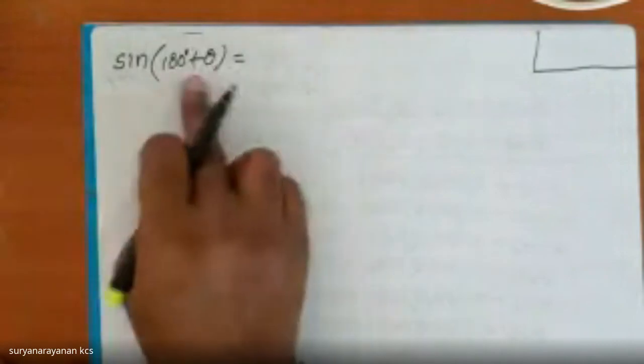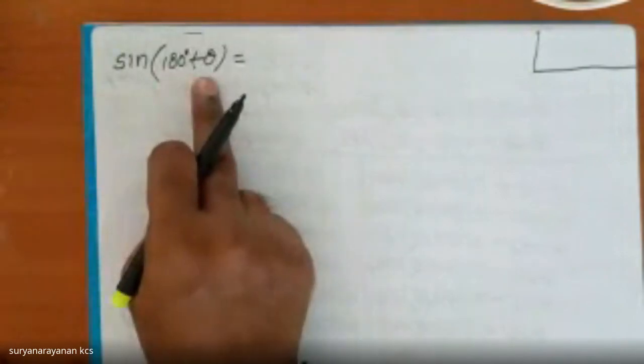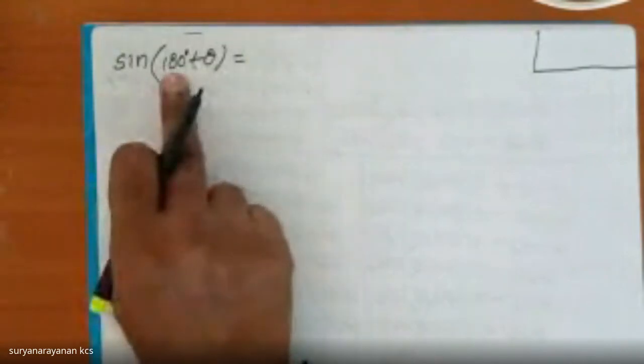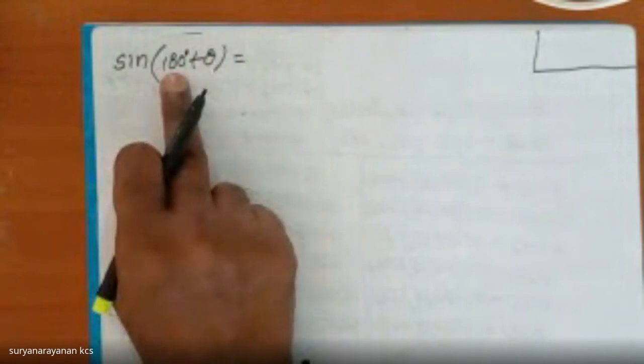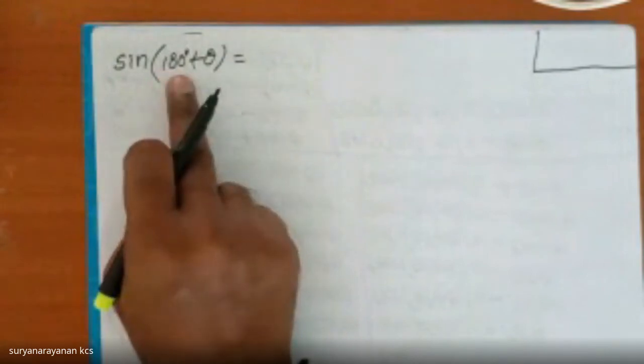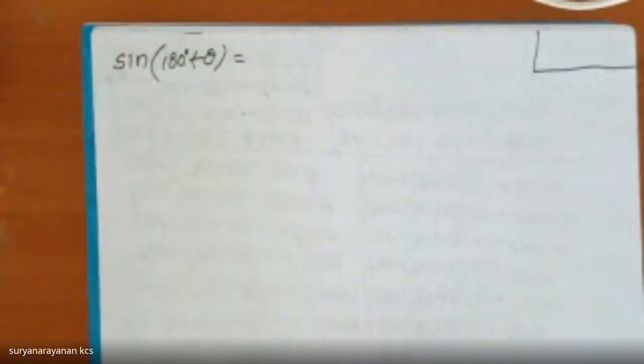In which quadrant does this angle lie? 180 degrees plus theta means more than 180 but less than 270. It lies in the third quadrant.